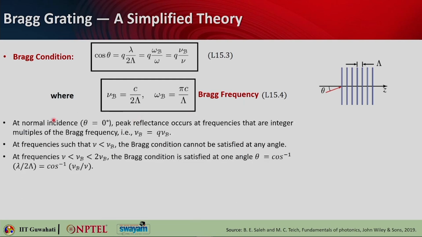So, what you see here is that at normal incidence the peak reflectance occurs at frequencies that are integral multiples of the Bragg frequency, that is you have to look for frequencies which are nu equals q nu b. And at frequencies where nu is less than nu b, the Bragg condition is not satisfied at any angle.